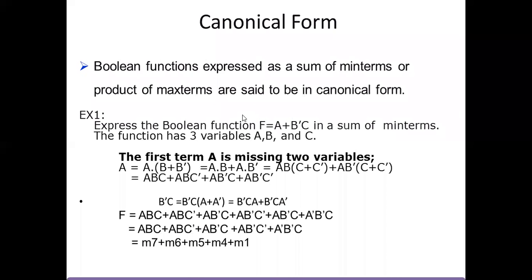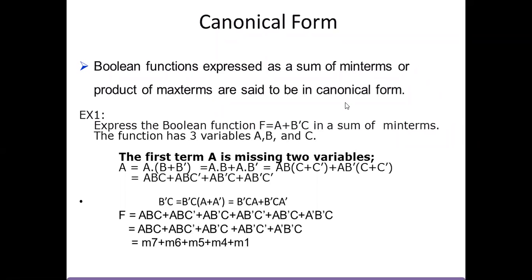Here we are looking at how we can convert a given function into canonical form. This function given here is not currently in canonical form. When we want to convert it to a canonical form, there are two rules. The first one is we have to include all the variables of the function.